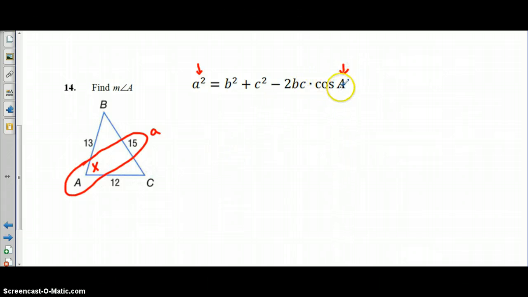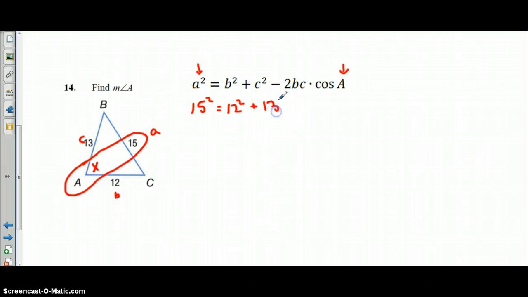In this case, angle A is unknown, and so side a, 15, is going to go out front. So we have 15 squared equals b squared. Little b is across from angle B, so 12 squared plus c squared, which is across from angle C.